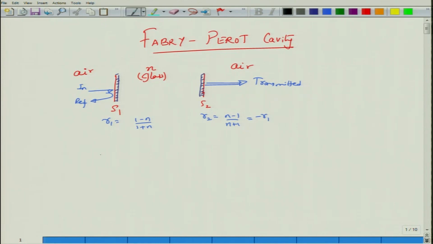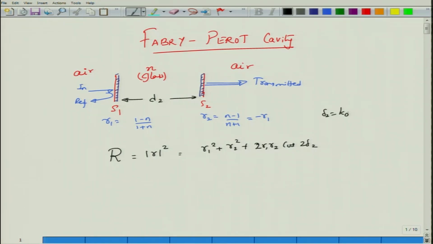We derived an equation in the previous module where the overall reflection coefficient R, in terms of power, was related to the overall reflection coefficient gamma square, or small r square, it does not matter. This was equal to R1 square plus R2 square plus 2 R1 R2 cos of 2 delta 2 in the numerator, because I am assuming the thickness of this medium is D2, so delta 2 equals K0 N2 D2, where N2 is equal to N, which we have taken as glass in our example.